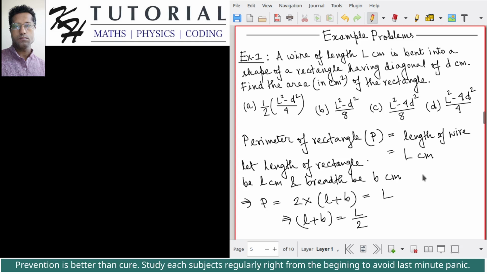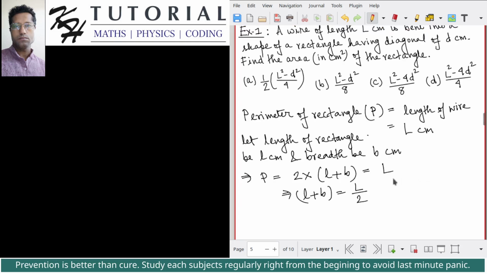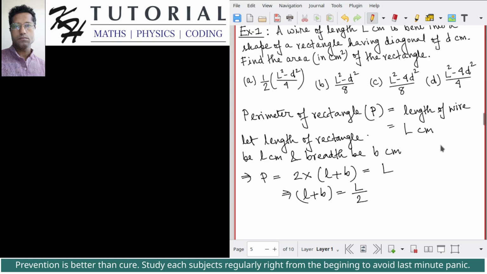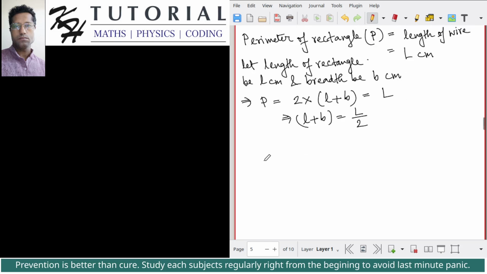Now we have to find the area of the rectangle. So we have to find l into b. We have assumed the length and breadth of the rectangle to be small l and small b, so the area of the rectangle will be lb. Now what other information are we given? We are given that the diagonal of the rectangle is d centimeter.